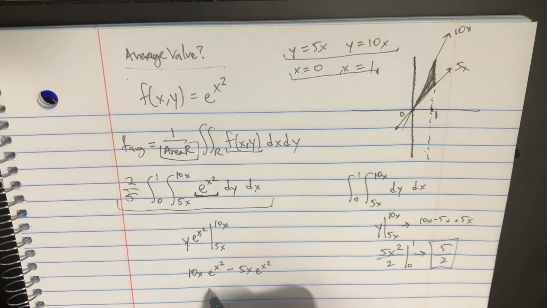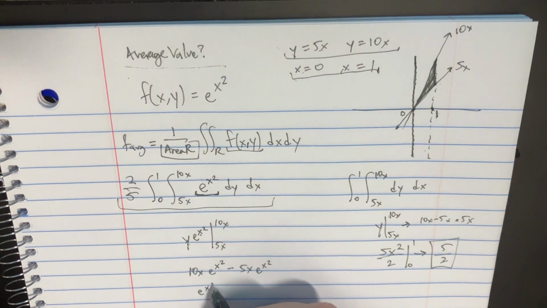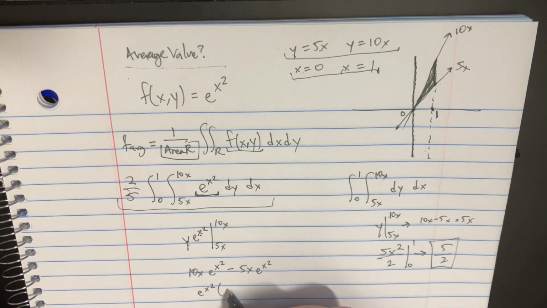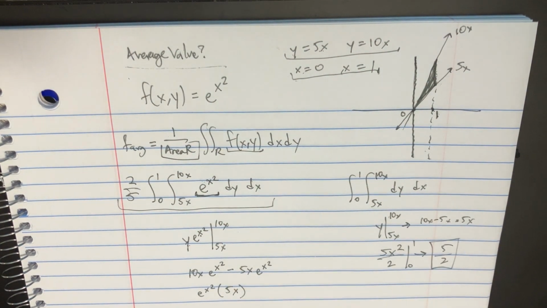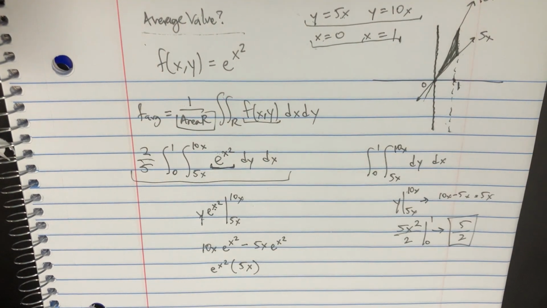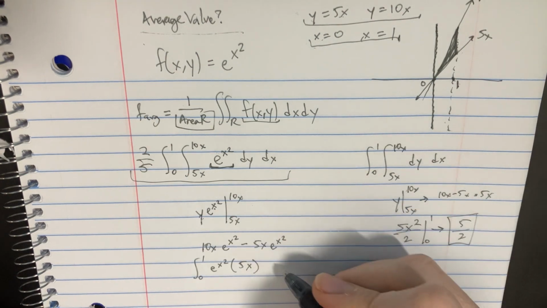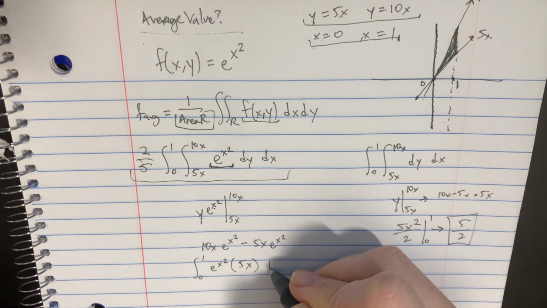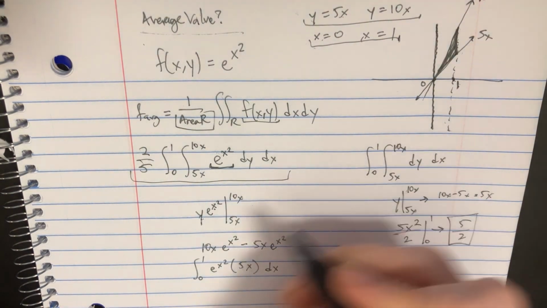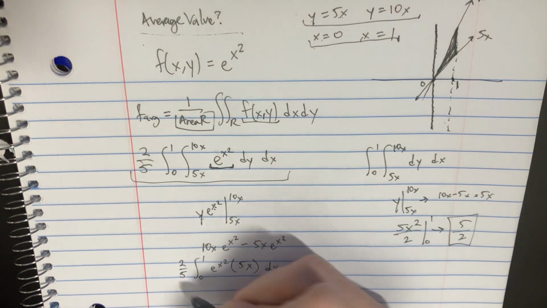Of course, you can pull out those e to the x squareds, and you'll get 10x minus 5x, which is just 5x. All right. From here, we still have to integrate over x now, and multiply it by this thing.